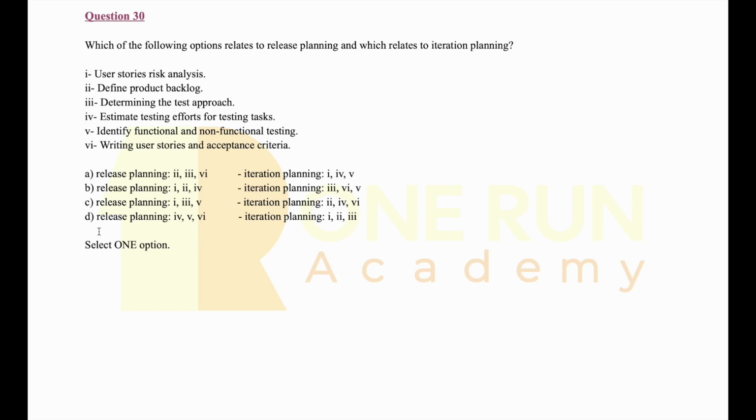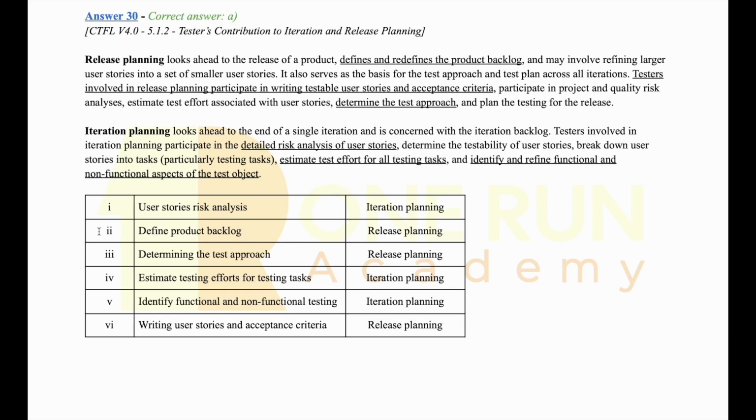So to answer this question, you should be able to distinguish between the activities that take place in release and iteration planning. So we will read together the part of the syllabus explaining this. Release planning looks ahead to the release of a product and defines and redefines the product backlog, which is activity number 2, and may involve refining larger user stories into a set of smaller user stories.